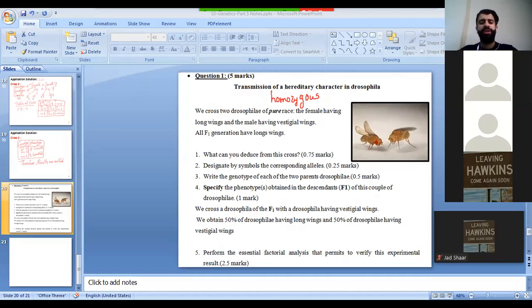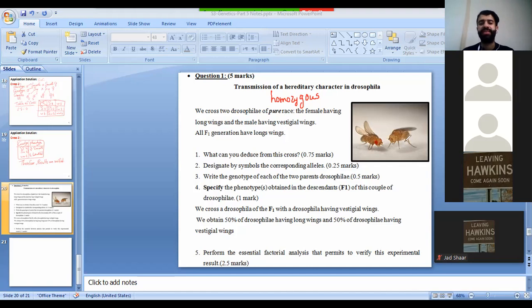Designate by a symbol the corresponding alleles. So you can say let L capital be the symbol of the long wings allele, which is dominant over the vestigial allele, which is recessive. And let v small be the symbol of the vestigial allele, which is recessive with respect to the dominant long wings allele.